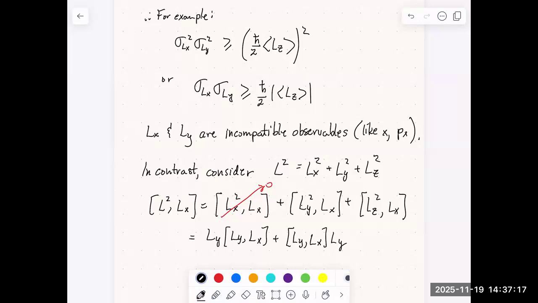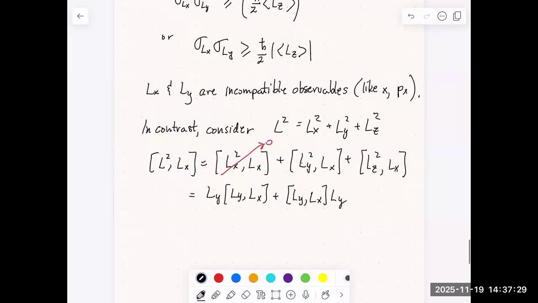I could do the same thing with this one, and that makes it obvious that this one's going to vanish because it would be Lx, the commutator of Lx with Lx, and that's clearly 0. All right, and then we have to do the same thing for the third term. So we'll have Lz times the commutator of Lz and Lx, plus the commutator of Lz and Lx times Lz.